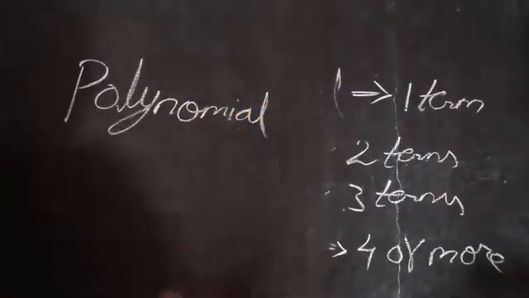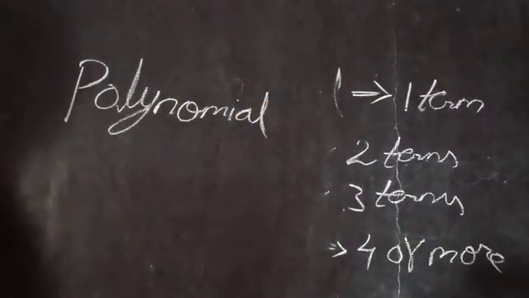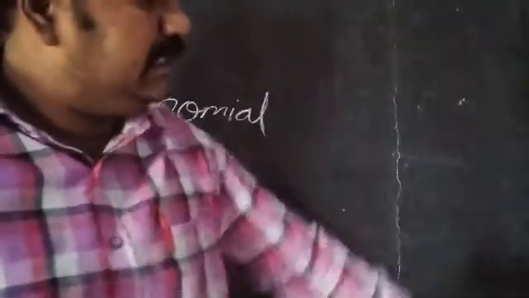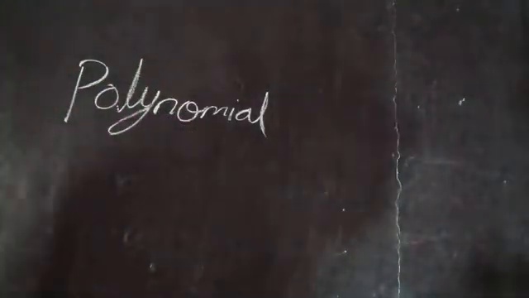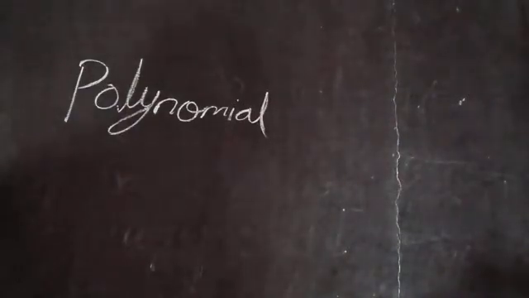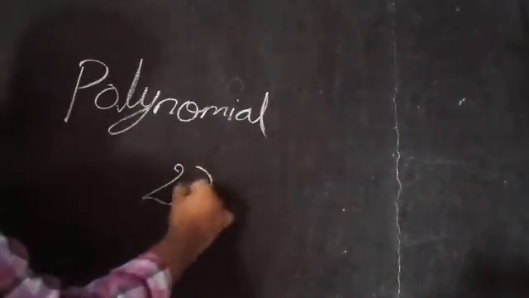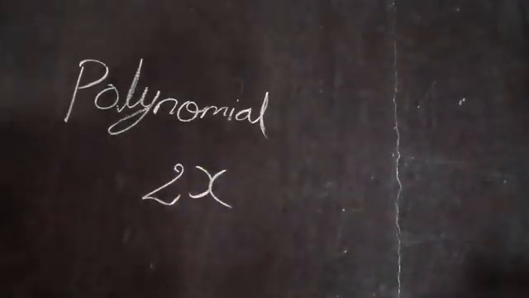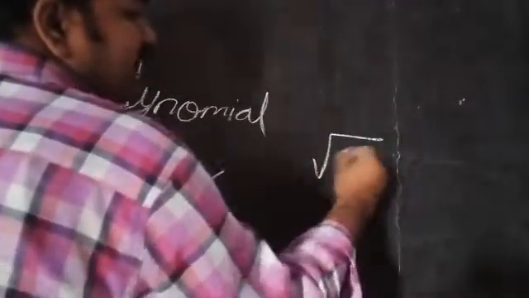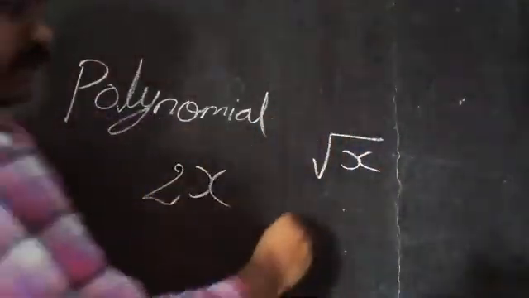polynomial. What is called a polynomial? A polynomial means no non-integral powers. For example, 2x is a polynomial. Root x is not a polynomial.